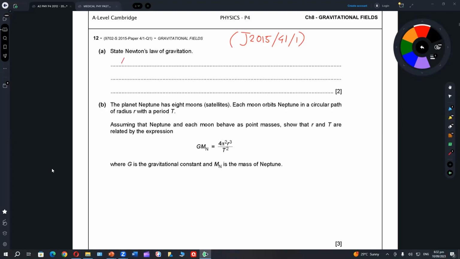State Newton's law of gravitation. I'm writing the mathematics, and anyone can tell me the statement. So anyone please tell me the statement.